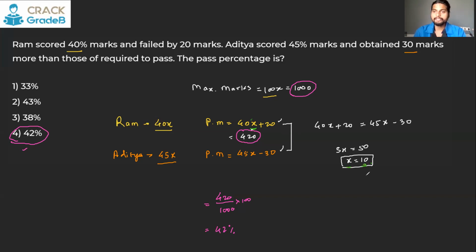Because 10 is equal to x, so 20 will be equal to 2x. So instead of 20, if you put 2x, this becomes 40x plus 2x, 42x. So out of 100x, if 42x are the passing marks, that means 42% is the passing percentage.